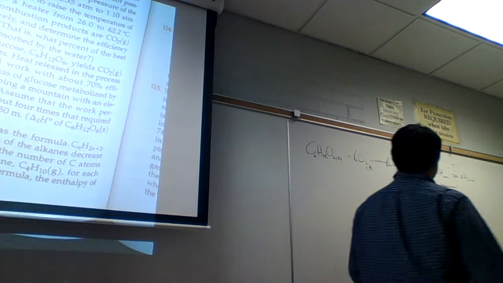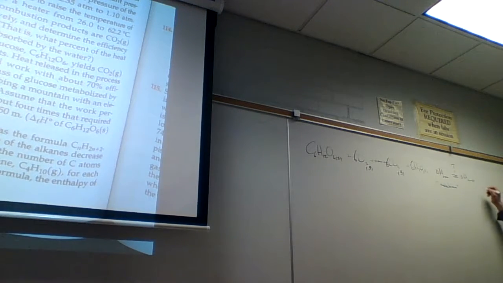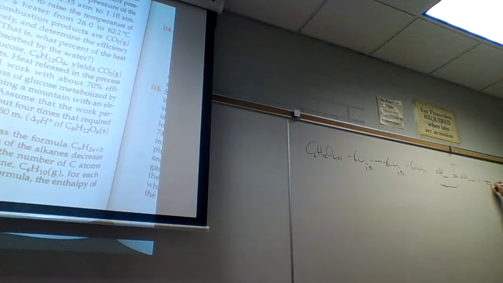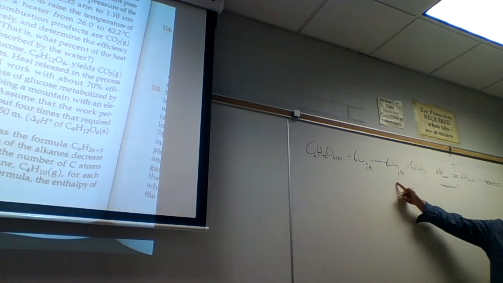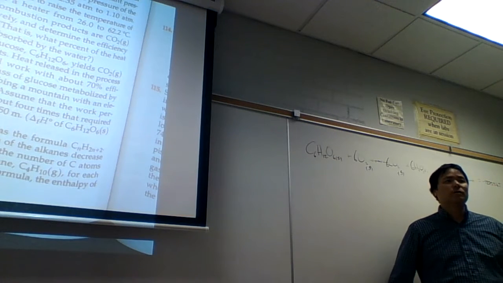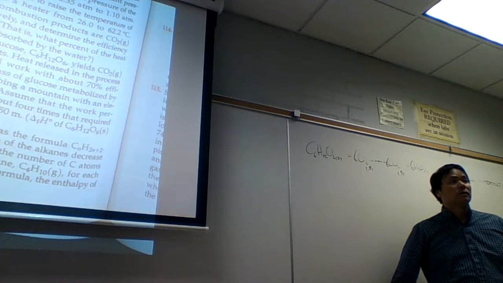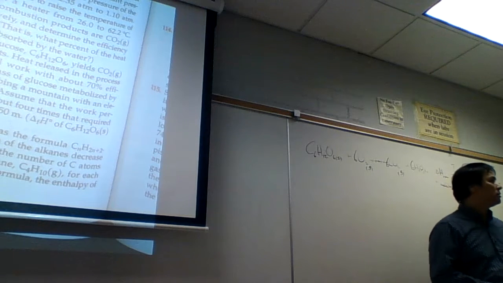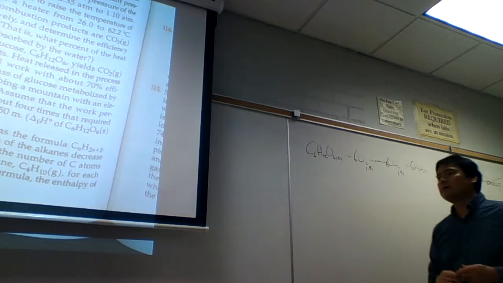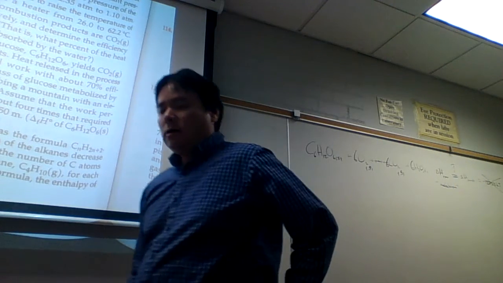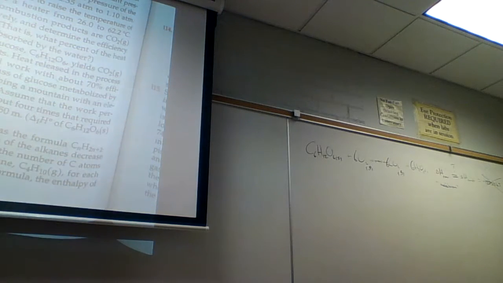So what a lot of people will say is, oh, this must be minus 1273.3 kilojoules. Is that correct? No. Is this reaction as written delta H of formation for glucose? No. What is a formation reaction? This is incorrect. But I've given this problem for people to do, and that's a common mistake.